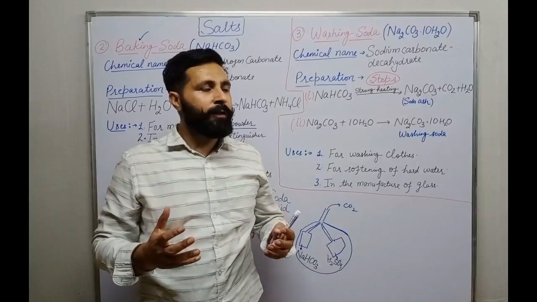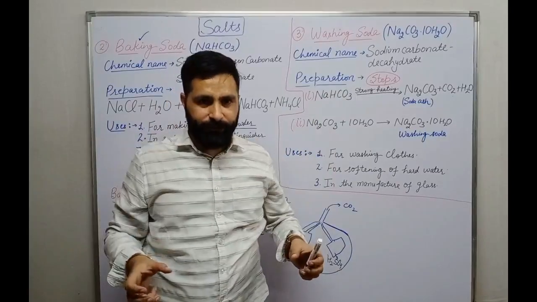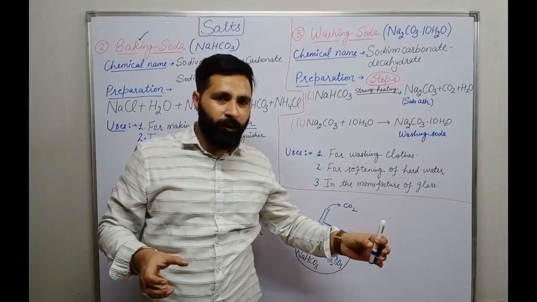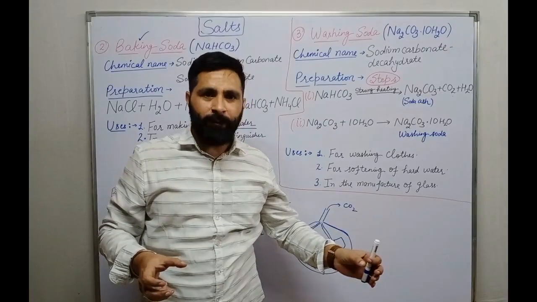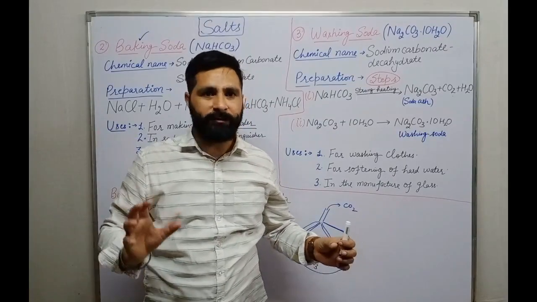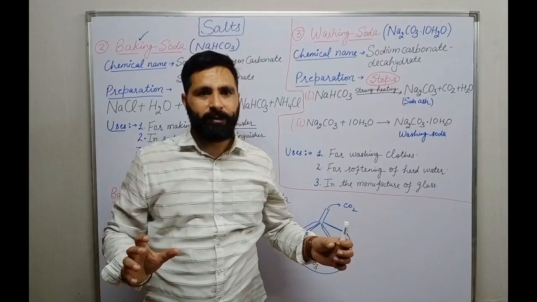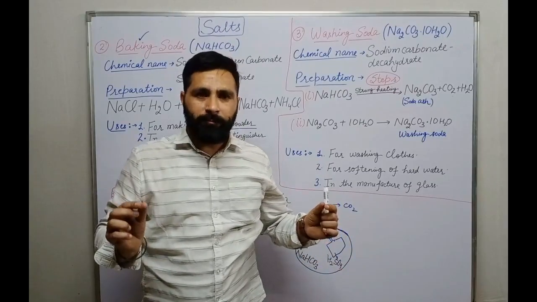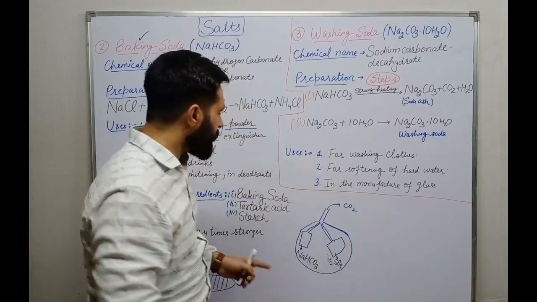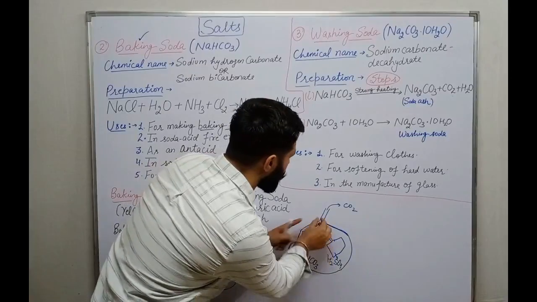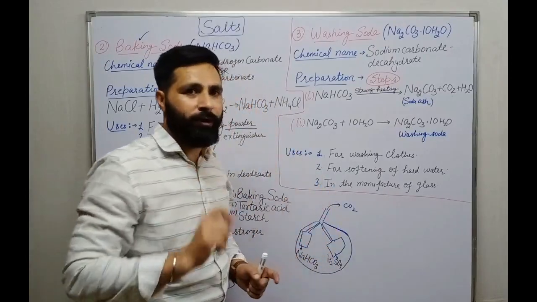How can I explain it to you? Let's take 2 bottles. In one bottle baking soda is there, and in one bottle sulfuric acid is there. Through nozzles they are connected here, and the exit point is only one.